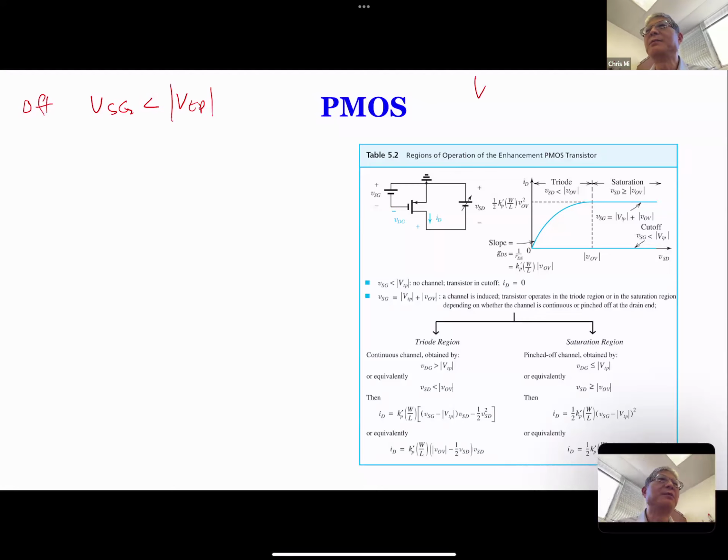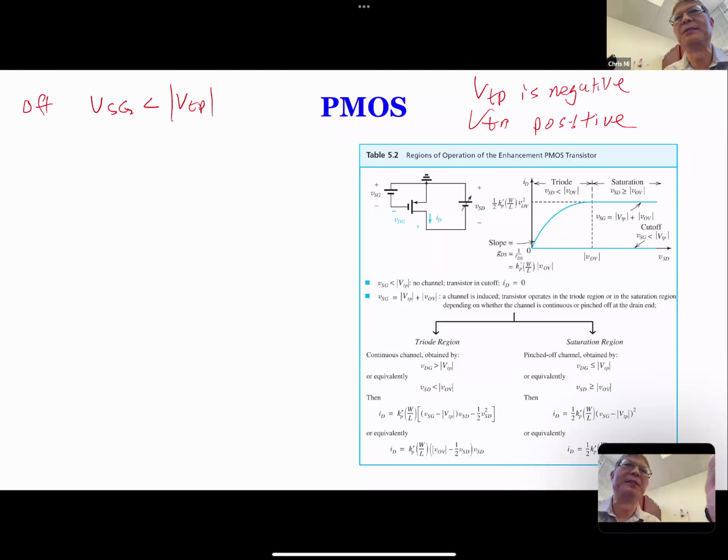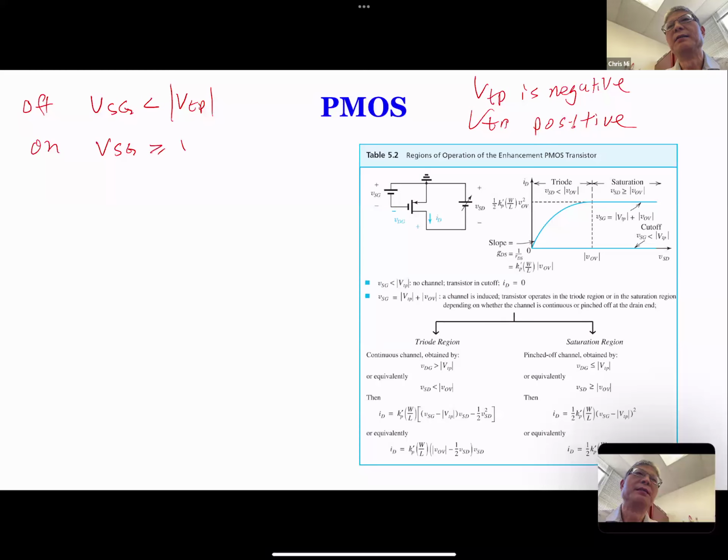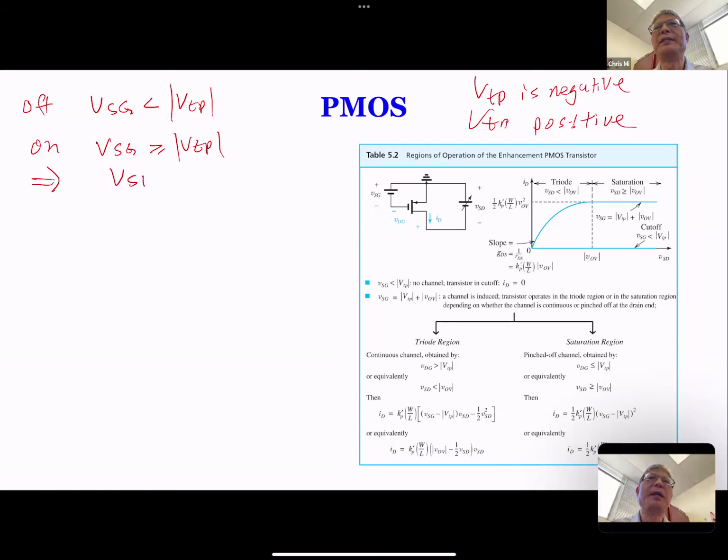I want to make sure that VTP here is negative, but VTN is positive. So in order to write them comparably, we're going to always use the absolute value of VTP. So this is the off state. In the on state, VSG will be larger than the absolute value of VTP. But in the on state, we can have two conditions. Now we have to compare VSD and VOV. Here we define VOV as VSG minus the absolute value of VTP.